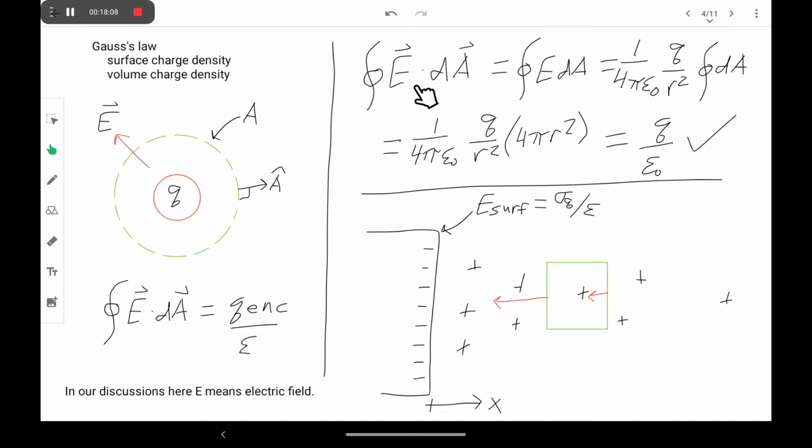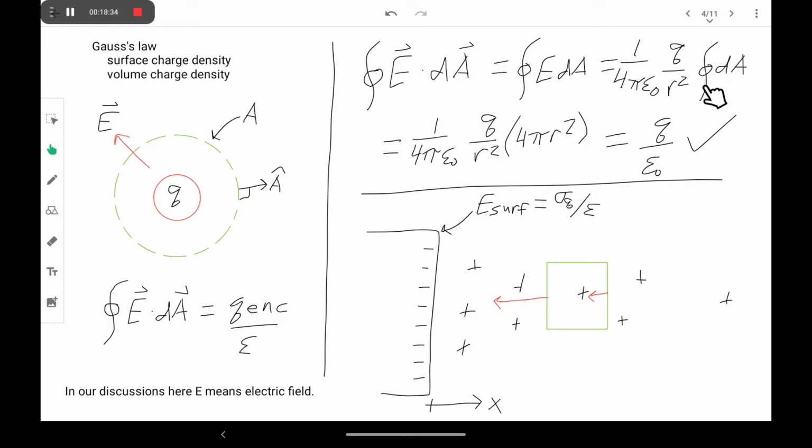So since E is always perpendicular to the surface, meaning it's parallel to dA, which also is perpendicular, then the dot product goes away and I just have E times dA. But E, the point charge, is just 1 over 4 pi epsilon 0 times the charge over r squared, which in this case is constant. It's centered on the charge, so r is constant. So it comes out of the integral.